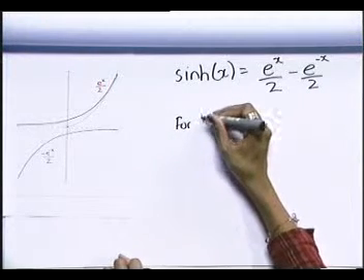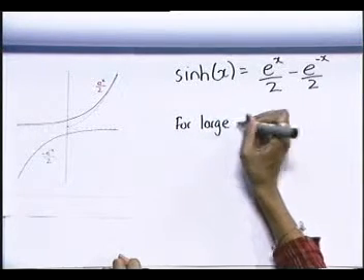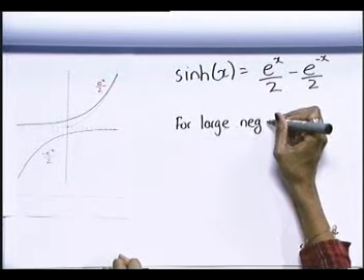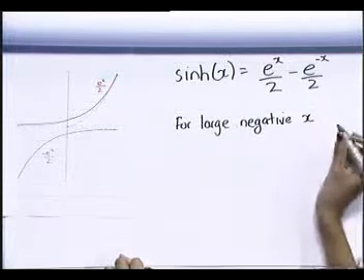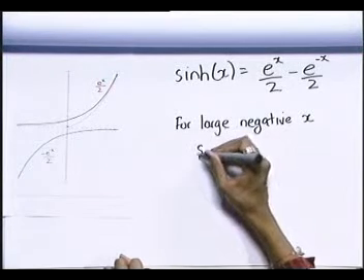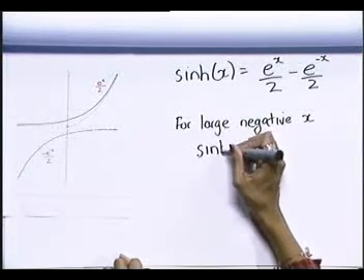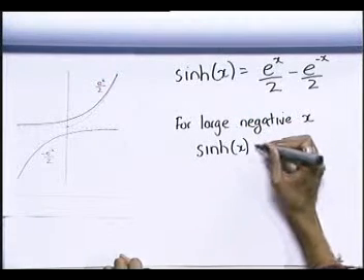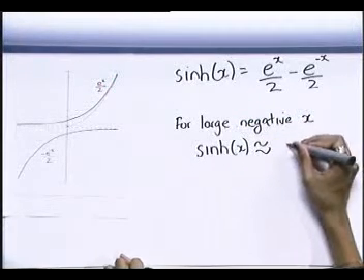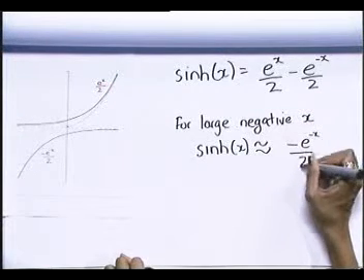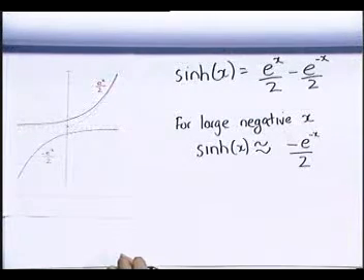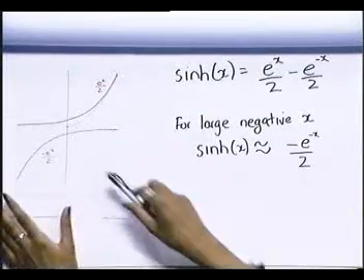So for large negative x, sinh x gets very, very close to minus e to the minus x over 2. So we can draw the second bit of our graph in now.